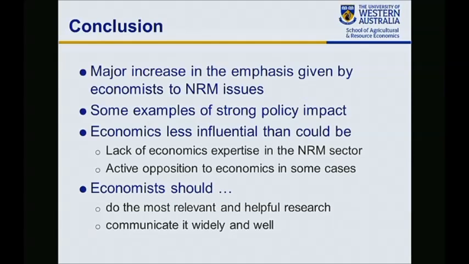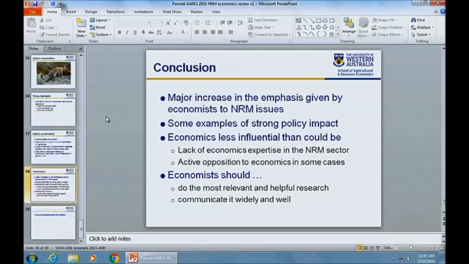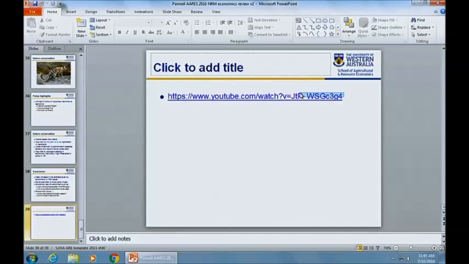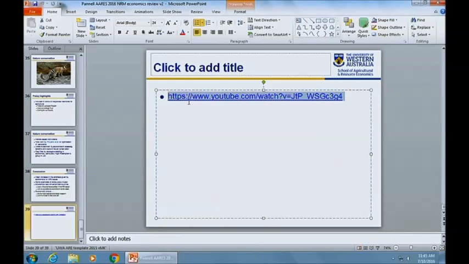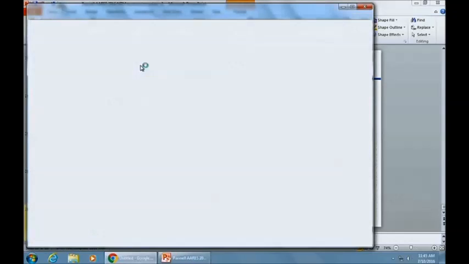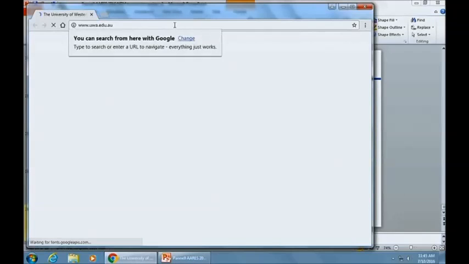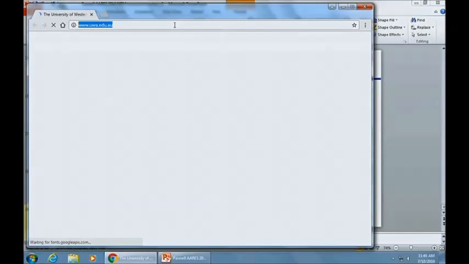And I want to finish by showing a little bit of a step sideways, a little video that Maxim created, which I think is quite fascinating, which shows patterns of collaboration in the Australian discipline over time. It's not restricted to NRM, but I think that you'd see the same pattern within the NRM studies.